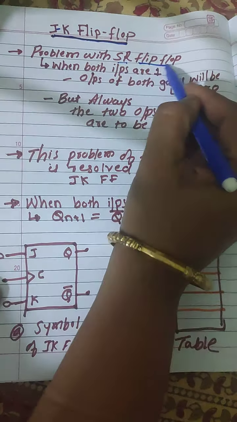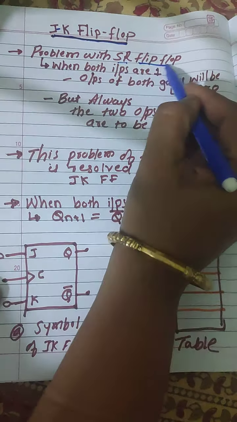So now let us verify the truth table of the JK flip-flop. This is the truth table of the JK flip-flop. J and K are fed through the AND gates to our SR flip-flop. First the JK inputs are considered, and finally they decide the SR inputs.